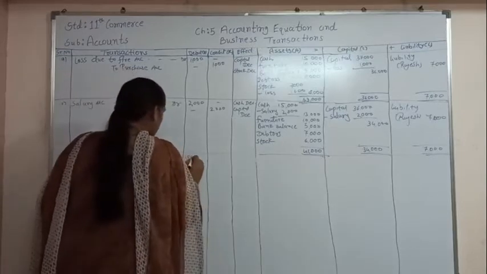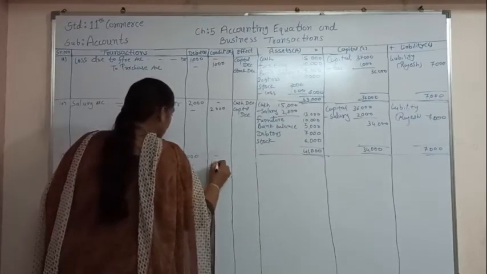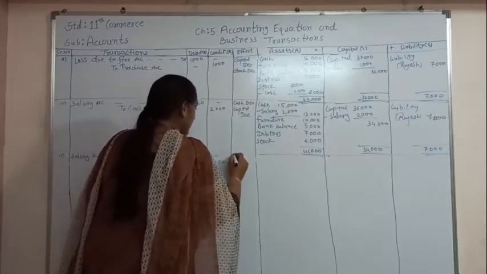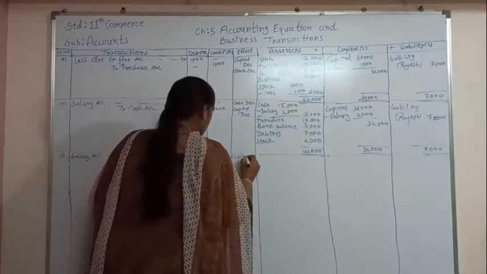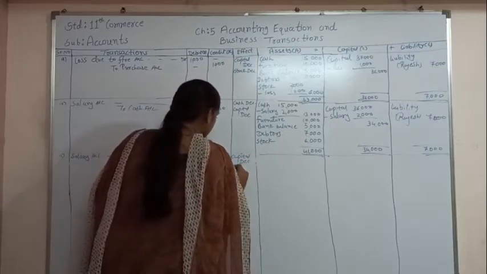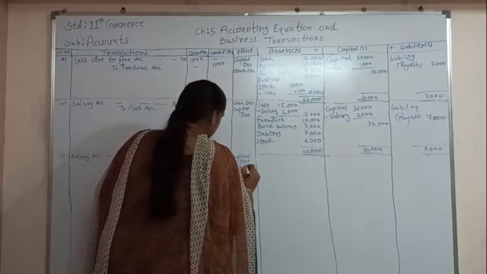That is 1,000. Here capital decrease and liability increase.